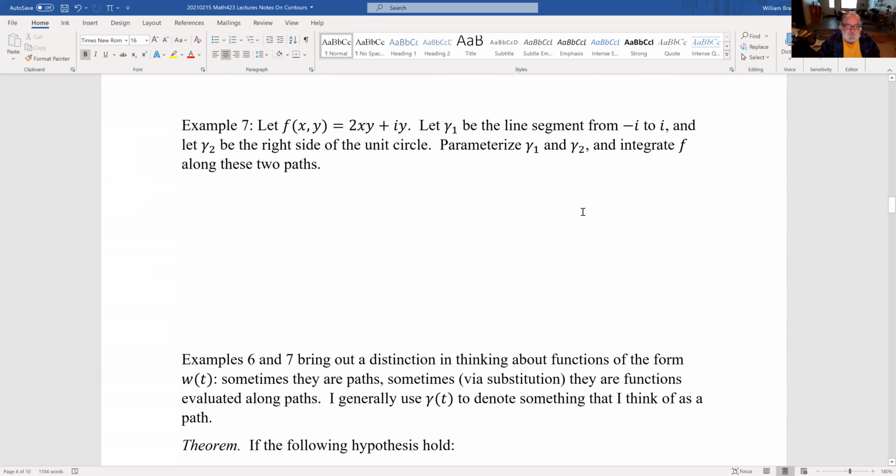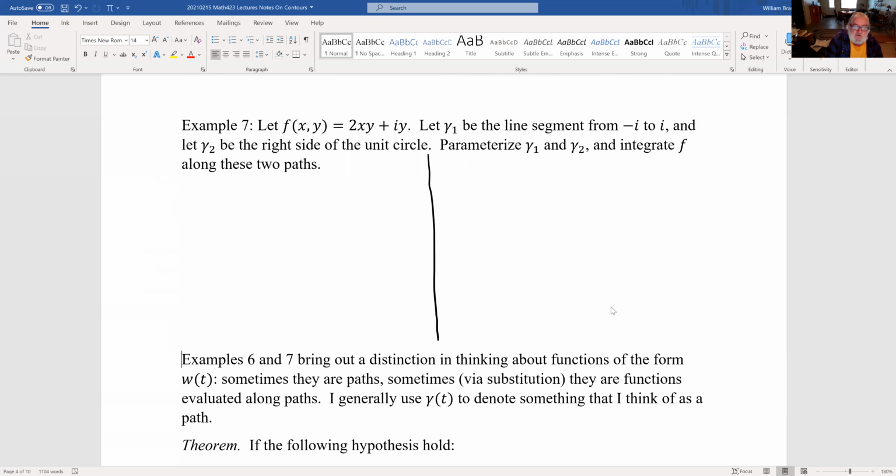So here's a function, and we want to integrate the function along a path. I am going to put a big bar down the middle here, so I have two different things.